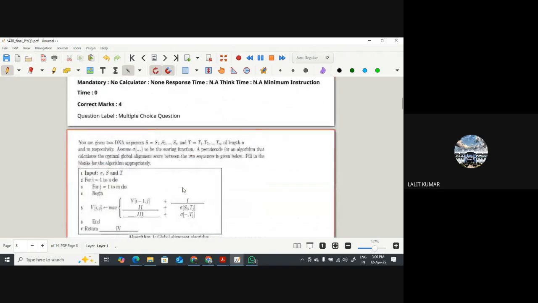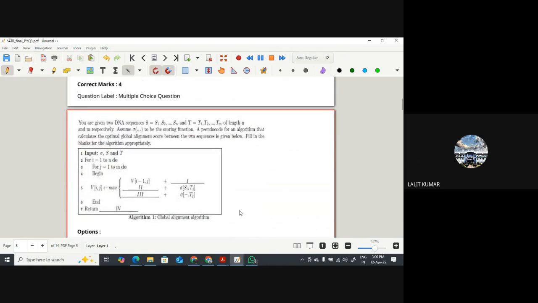Now we come to next. You are given 2 DNA sequences. Assume sigma to be the scoring function. A pseudocode for an algorithm that calculates the optimum global alignment score between the two sequences is given below. Fill in the blanks for the algorithm appropriately. So this is based on the same thing which we had used earlier.